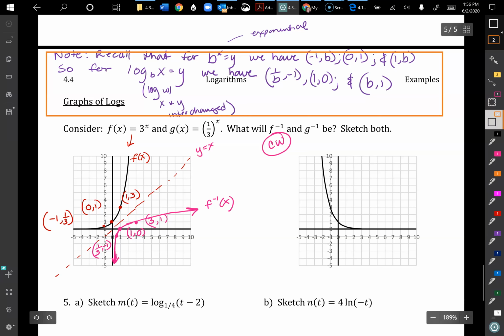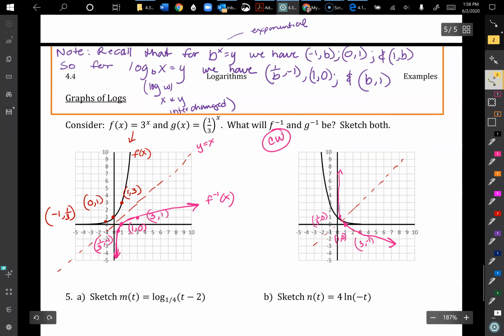Now for its inverse, we are going to exchange the y and the x, remember? So then the log will go through the points 1 over b, negative 1, 1, 0, and b, 1. Okay, so I drew that graph right here so you can check against mine. Now remember here when we're talking about 1 over b and negative 1, that's down here. b was 1/3, so 1 over 1/3 is 3, and so on and so forth for the other values there.